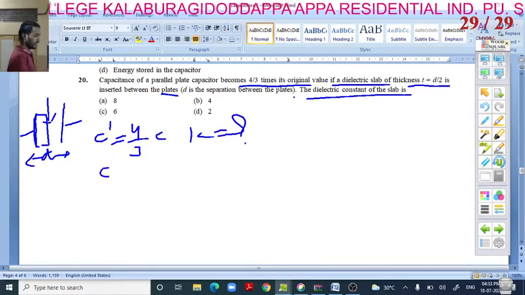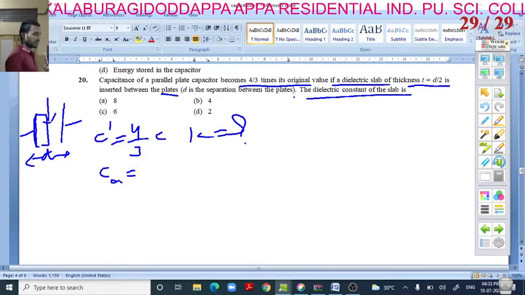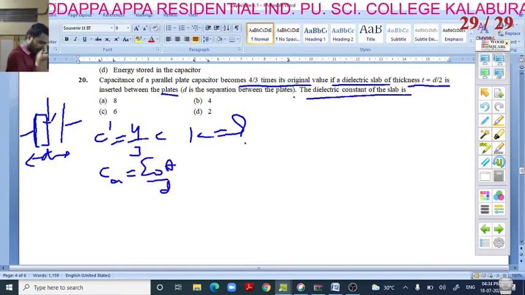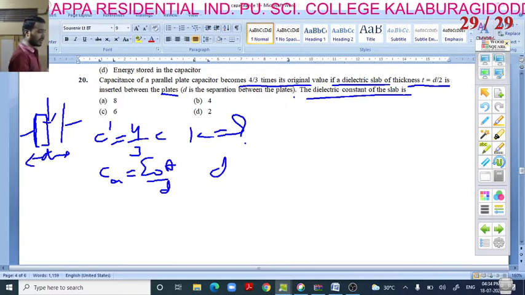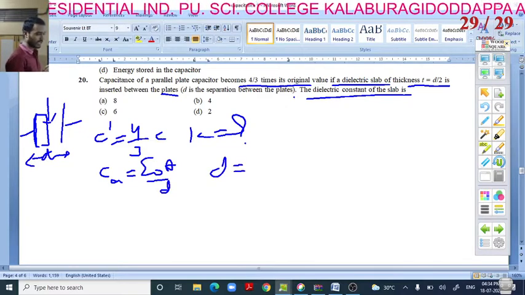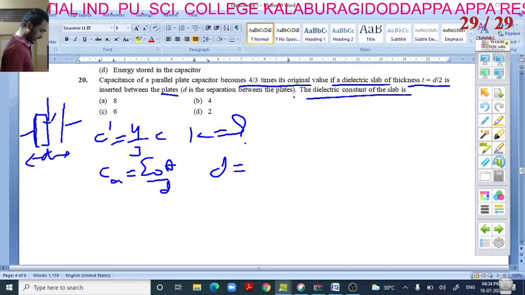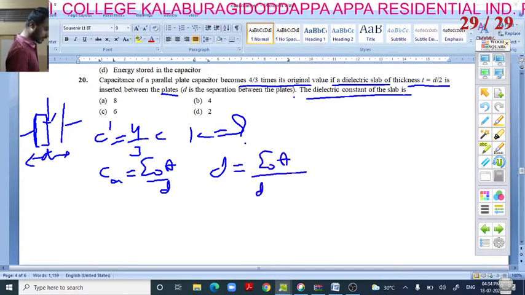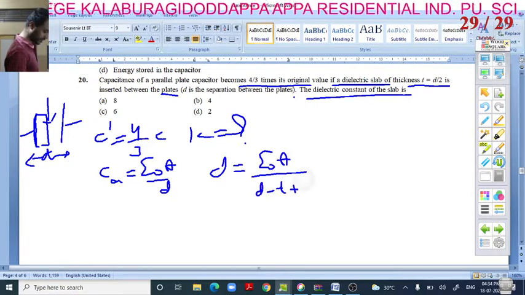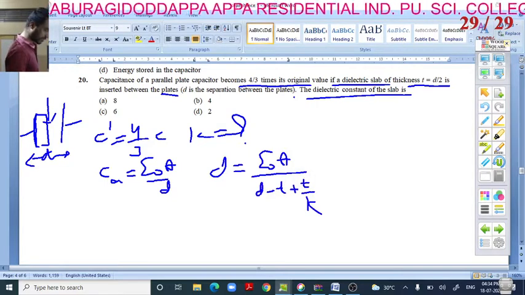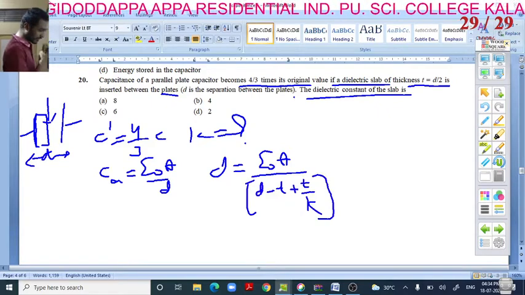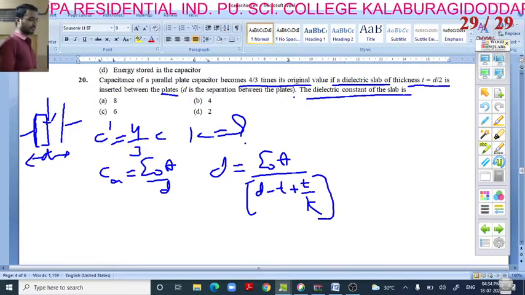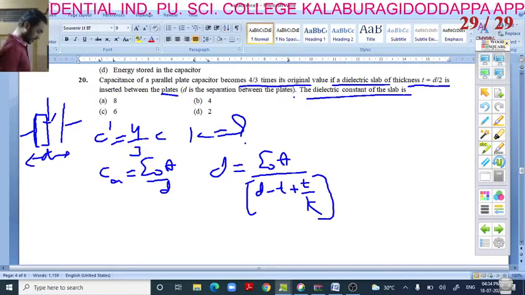So C air, when it is filled with air, the formula we know is epsilon A by D. When it is filled with the slab, I will call it C dash. C dash is equal to epsilon A divided by D minus T plus T by K, right? This is the formula.